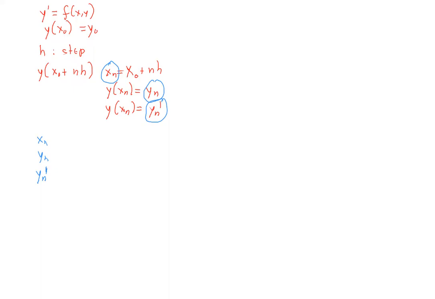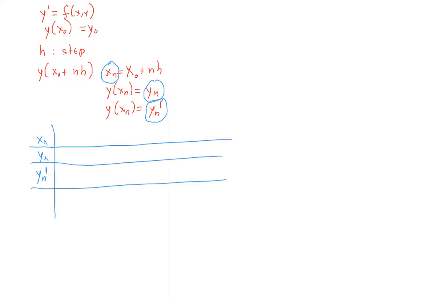So on our very first step, for n equals 0, we simply have x naught, y naught, and then when you compute the derivative, it's going to be f of x naught, y naught.